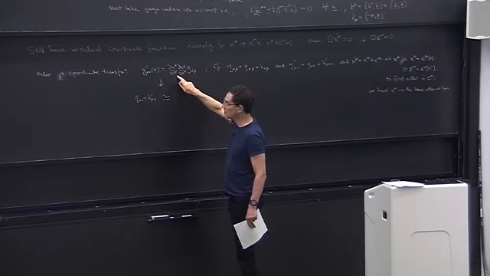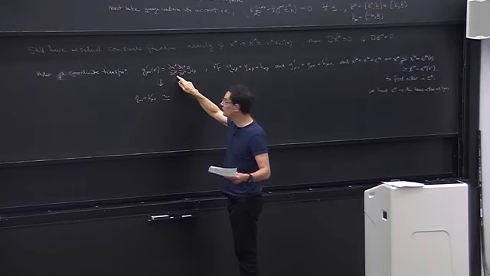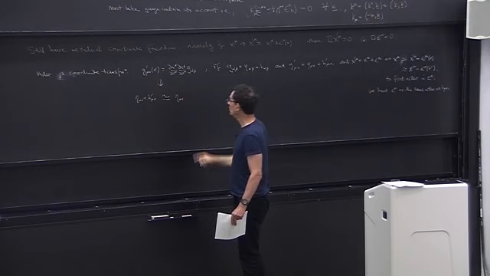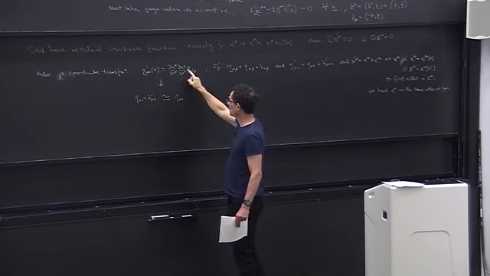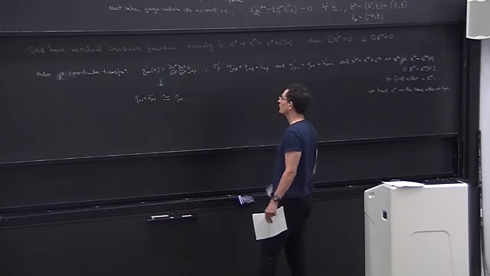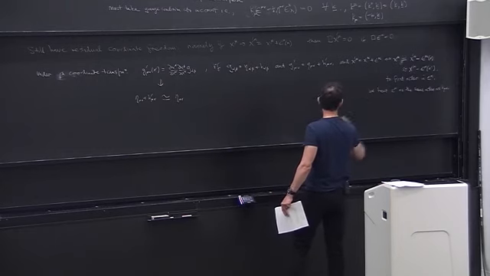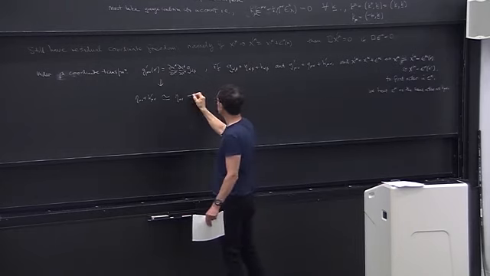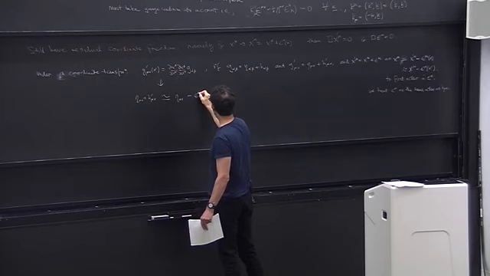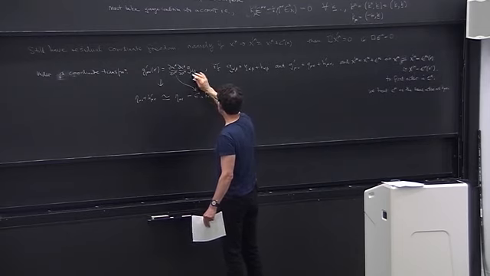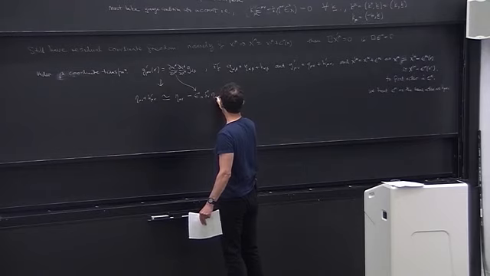This is just ∂x/∂x', which gives me a delta. So to 0th order, I get η_μν. To 1st order in epsilon, I'm going to get minus ε^α,μ from this term, times delta^β_ν, and this I just keep the eta.